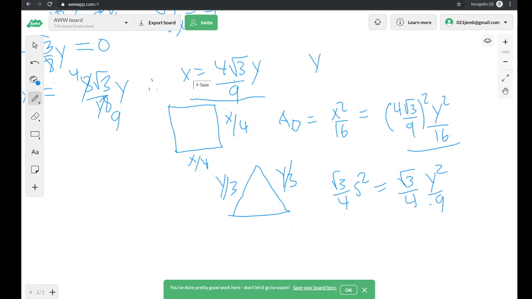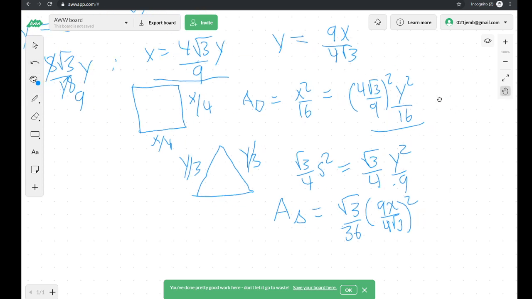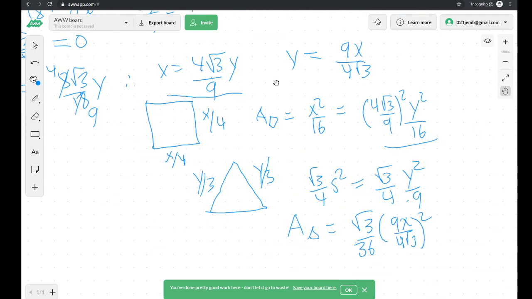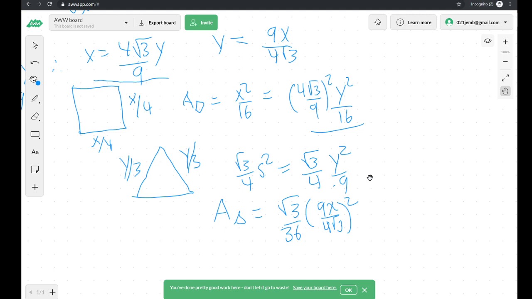You have that y equals 9x over 4 radical 3, and then you can substitute that in here, and you find that the area of the equilateral triangle is going to be radical 3 over 36 times 9x over 4 radical 3 squared. So that's what happens when the area is at a maximum.